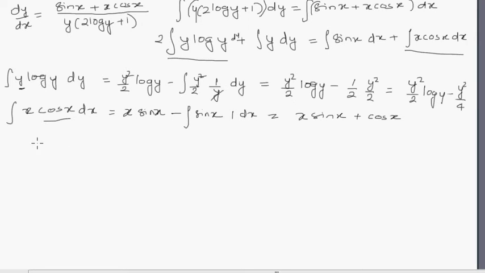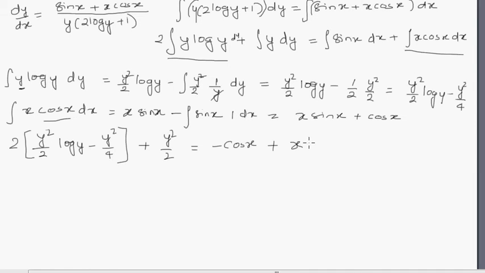So let's put it all together in that equation. 2 times this part: y squared over 2 log y minus y squared over 4, plus y squared over 2 from here, is equal to negative cosine of x, which is the integral of sine x, plus x sine x plus cos x.